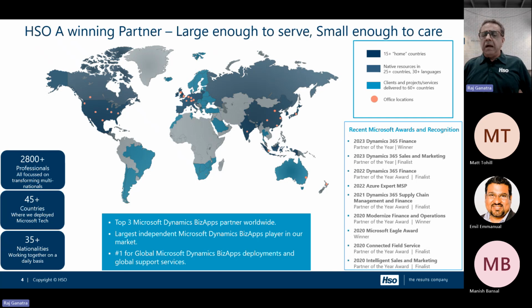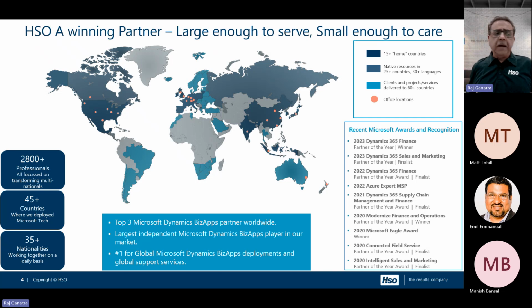HSO, our company, was established in 1987, and is now a global group over 15 countries with 2,800 people. In ANZ, we have been established since 2021, and we've had rapid growth in 2.5 years with 50 plus people on our team.